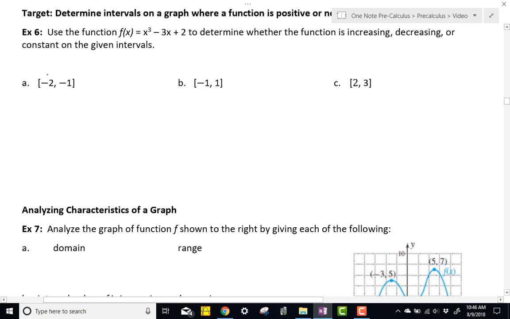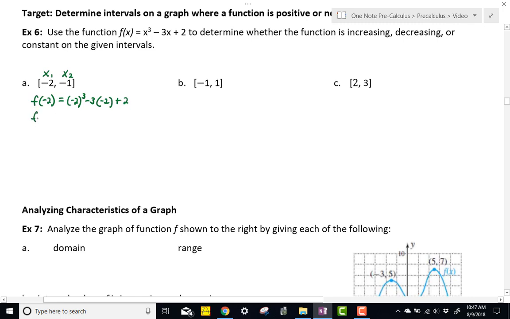So I'm going to start off. Remember, this is an x1 and this is an x2. These are not y values. So I'm going to plug these both into my function here. What is f of -2? F of -2 is equal to -2 cubed minus 3 times -2 plus 2.